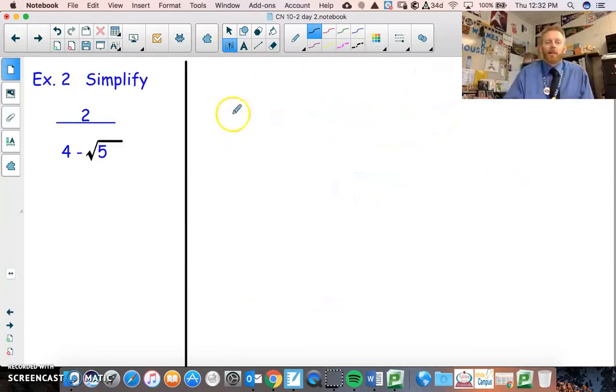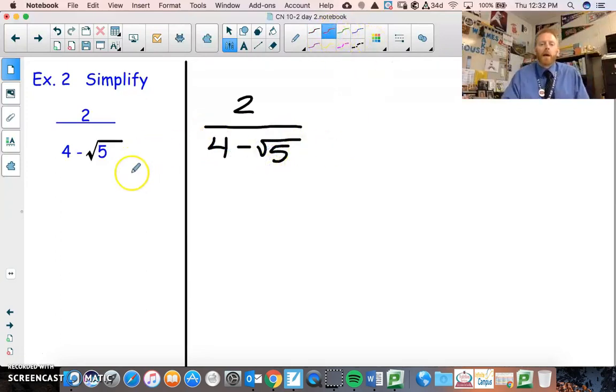Now to make things harder yet, we have these other things called conjugates. So here is our next problem of us rationalizing the denominator. Anytime there's math on the bottom with a square root, instead of us just multiplying by a square root of 5, we're going to multiply by its conjugate.